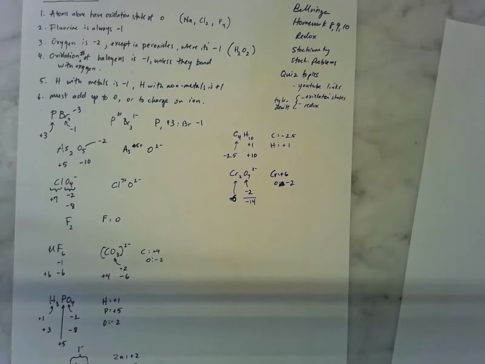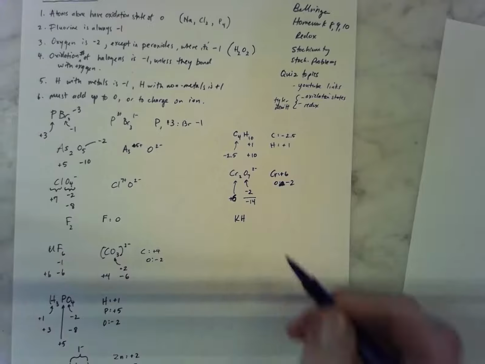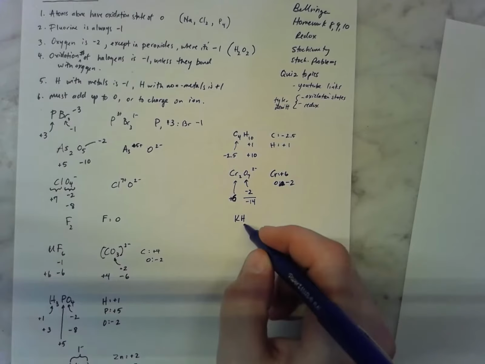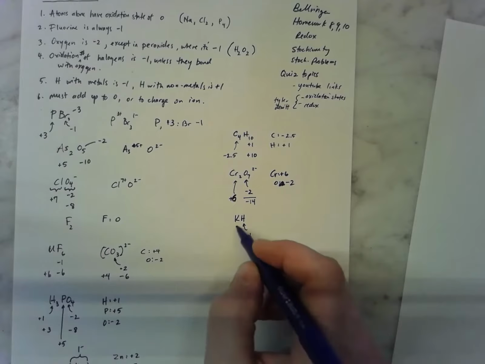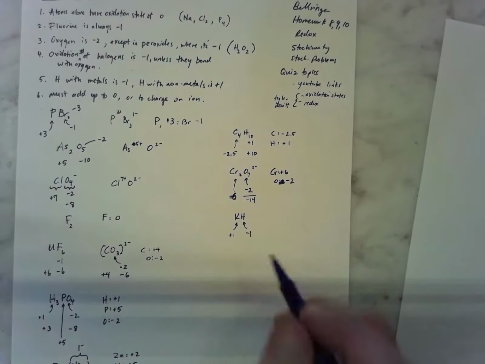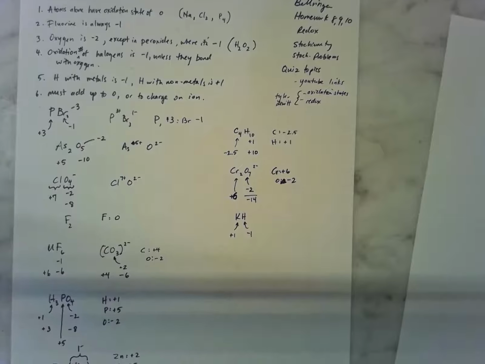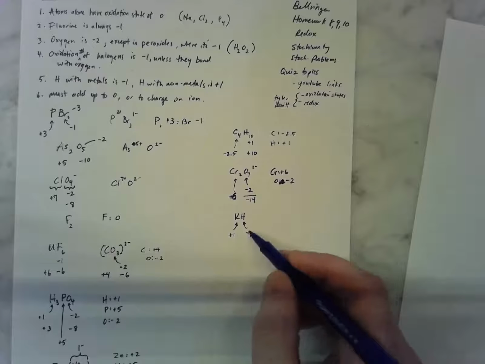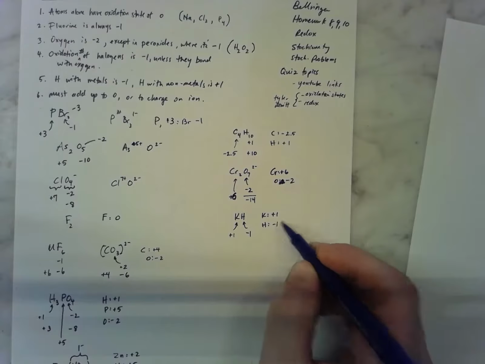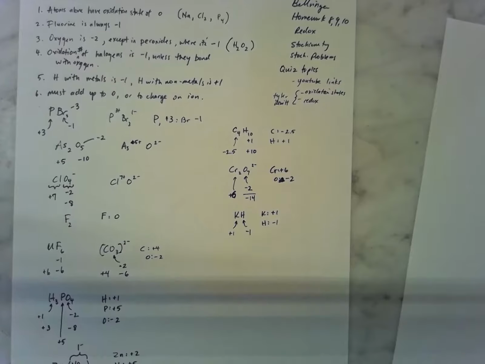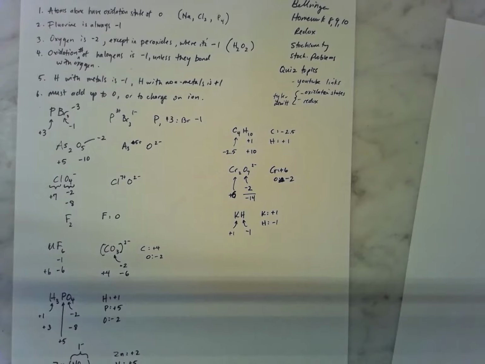Okay, KH, pretty straightforward. What is H? It's with a metal, minus 1. That leaves him with a plus 1, which is good because we know that K is in the first group there, and we would expect it to be a plus 1 just from what we know about those oxidation states that we've been talking about since almost the beginning, how they like to lose electrons.